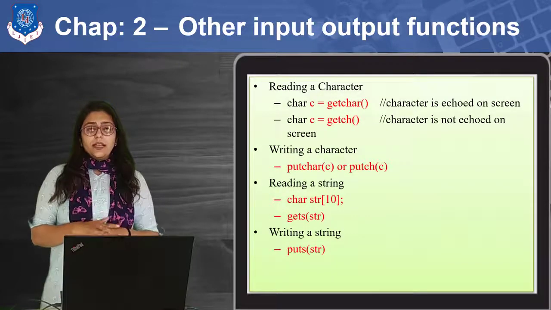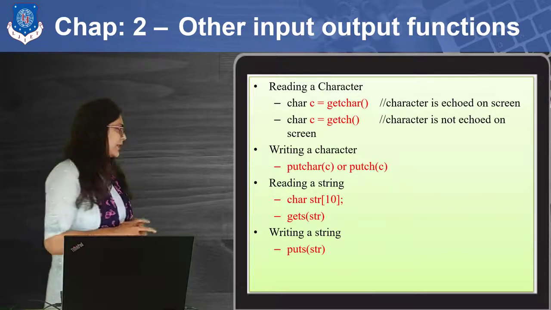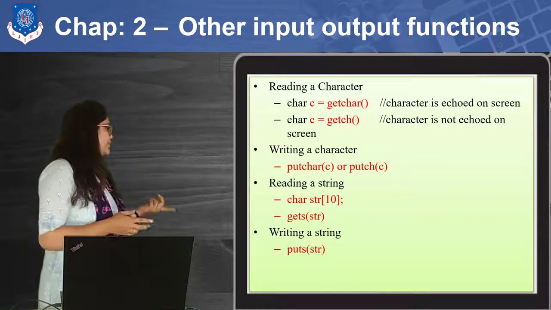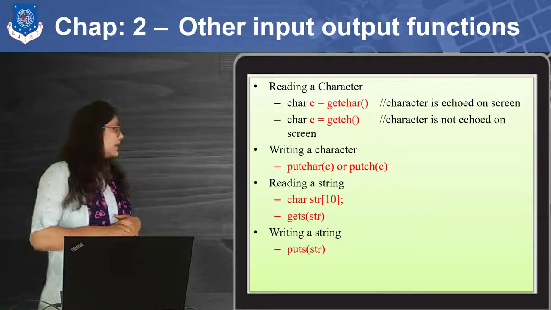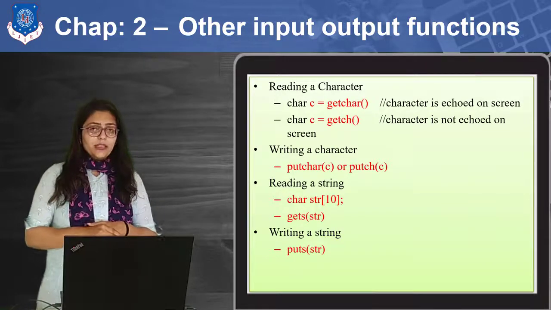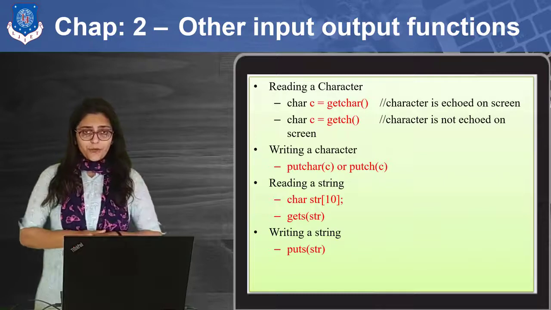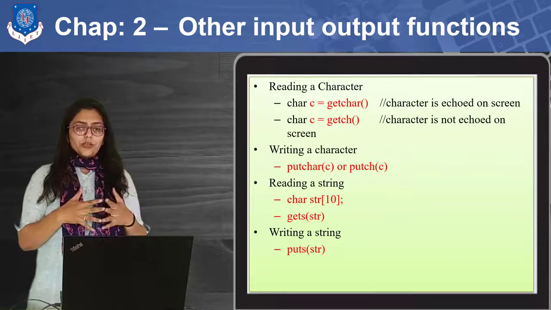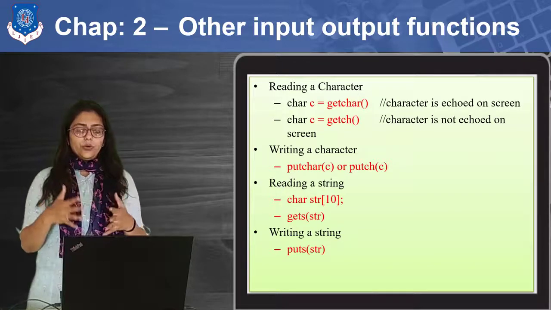There are some other input-output functions as well. getchar is basically used to take a character from the user. Then putchar is basically used to print a character on the screen. Similarly, for strings, we have some functions. getch is basically used when the character is not echoed on the screen.